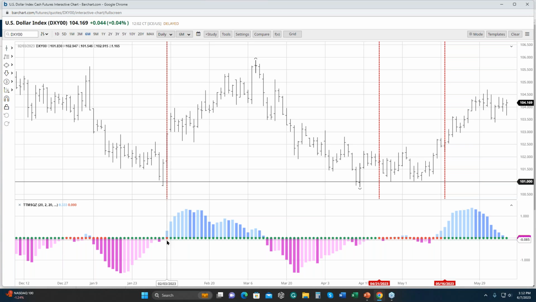Now, a red dot can be just one red dot, that'd be setup, or it could be, in this case, several red dots. But we only get one squeeze fire for each squeeze play, and that would come with this green dot. That would be the point when the Bollinger Bands are moved back outside. And notice that the red line that I drew here was an identification of where that occurred.